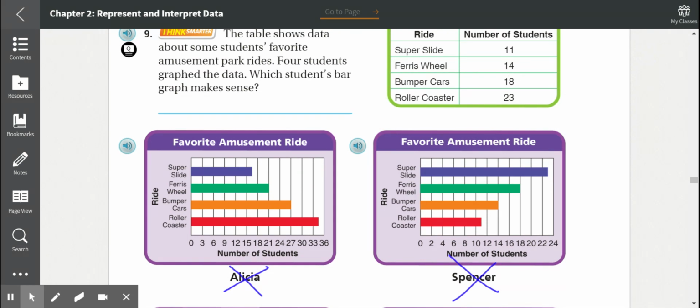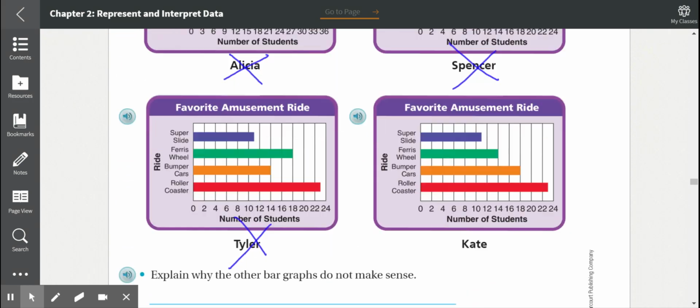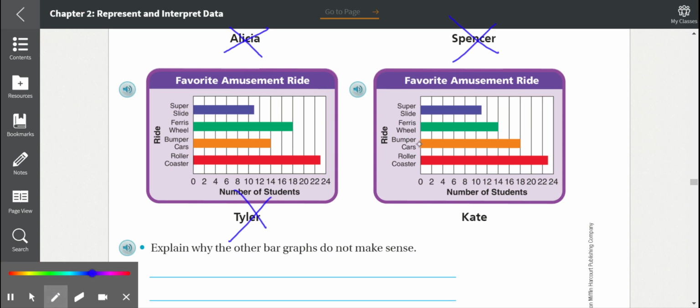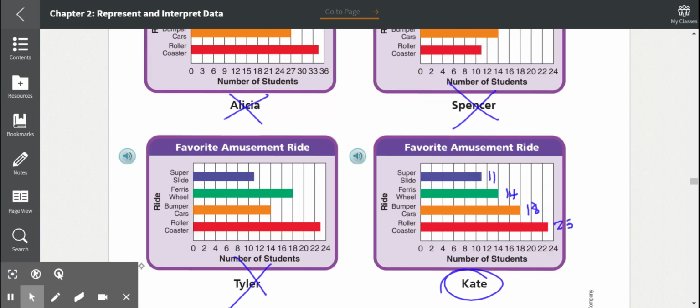18 students chose bumper cars and 23 chose roller coasters. Is that what she has? Bumper cars to 18. Roller coaster, it's between 22 and 24 at 23. So she has 23, 18, 14, and 11. So we know it's Kate.